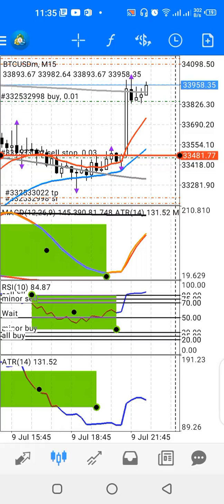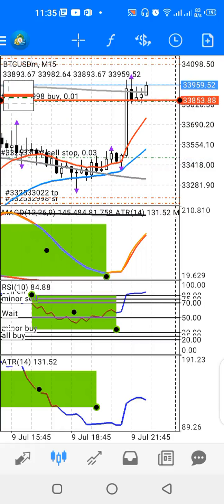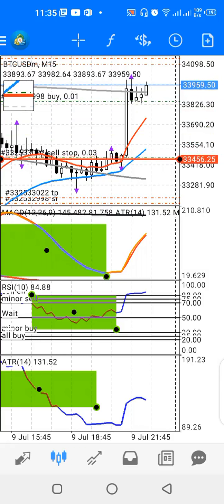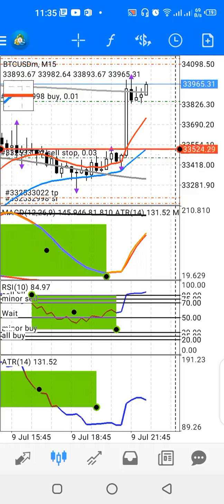If you have a $600 account, you may go for 0.02 as your first trade, which may be a buy trade. Of course, the edge will be a sell stop. For your $600 account, the edge trade will be 0.02 times 3, which is 0.06.